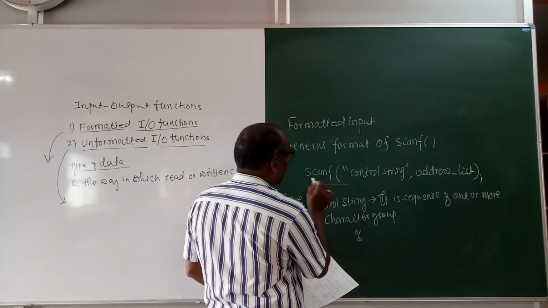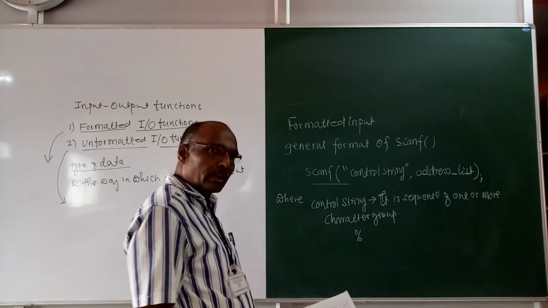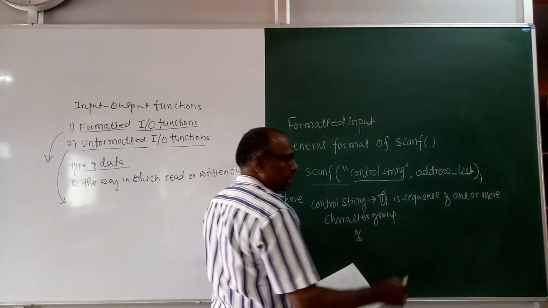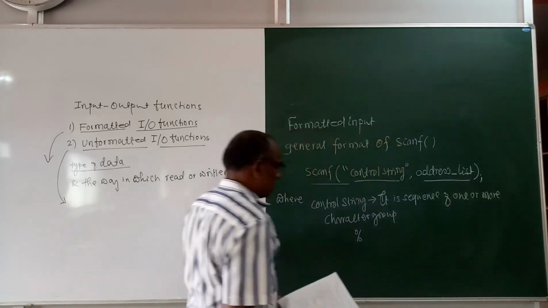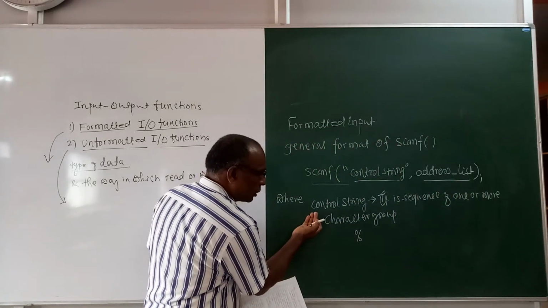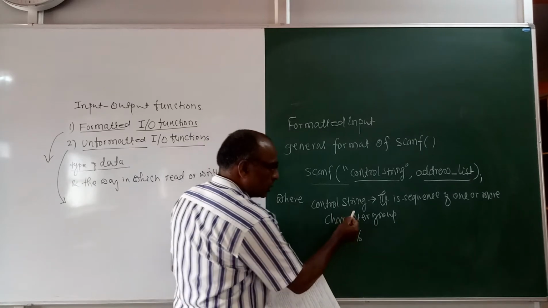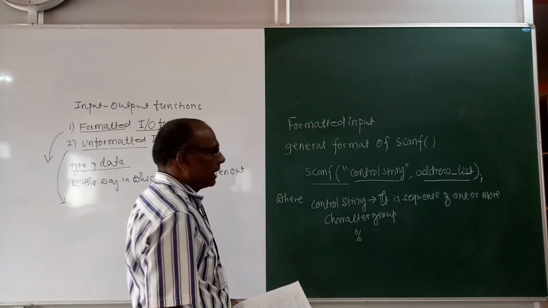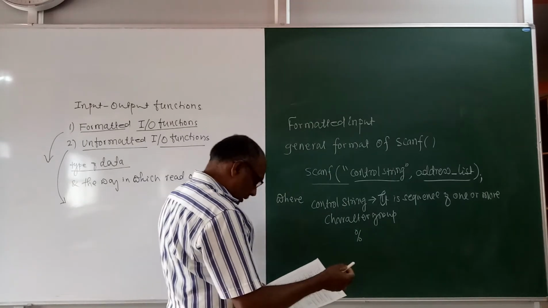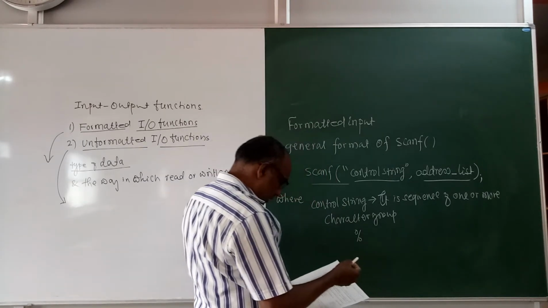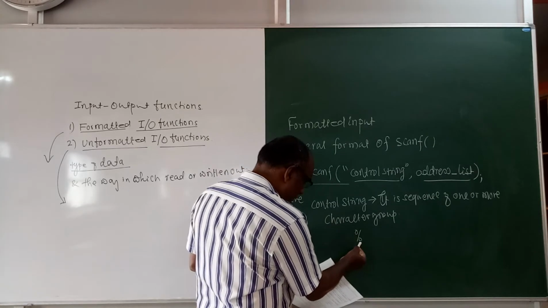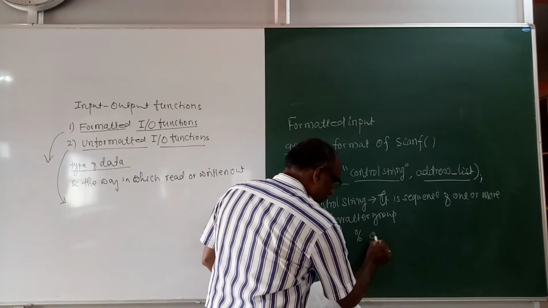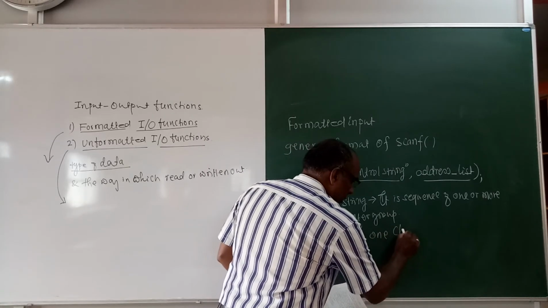See, this is the format of the scanf input function. It has two parts, control string and address list. We are speaking about the control string. Control string is a sequence of one or more character groups, a combination of the percent symbol and one character.